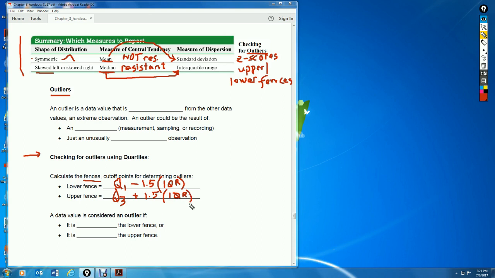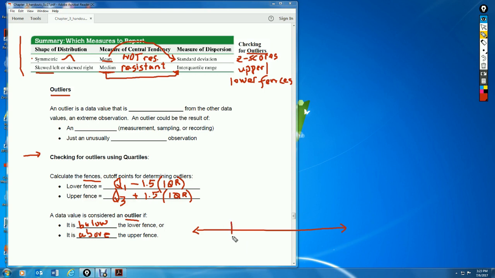So these are basically our upper and lower boundaries. And then we will say that a data value is considered to be an outlier if it is below the lower fence or if it is above the upper fence. Okay? So basically what we're doing is creating a number line.